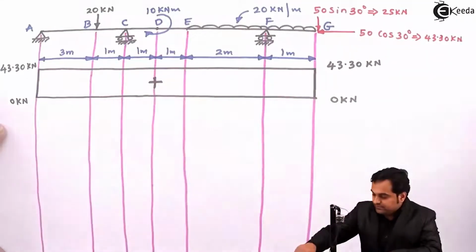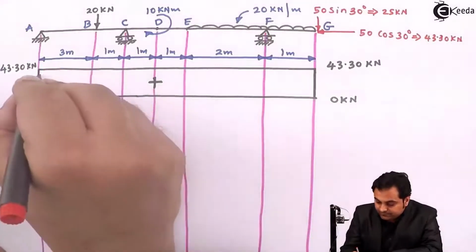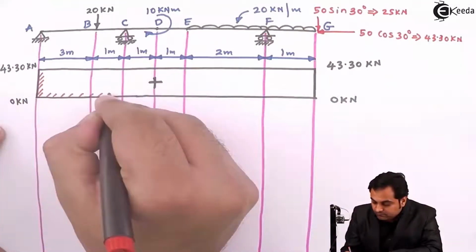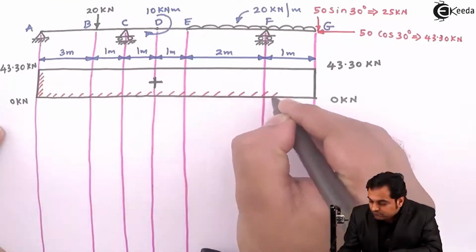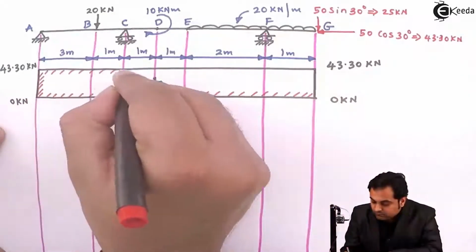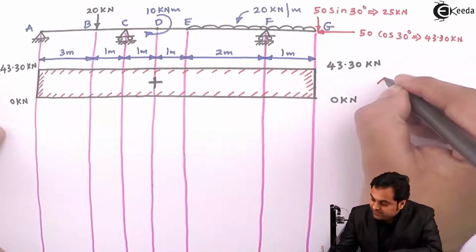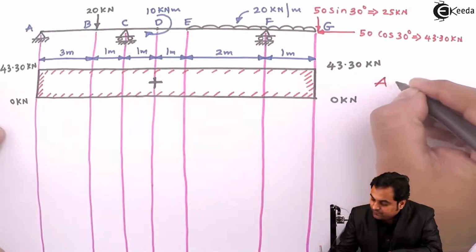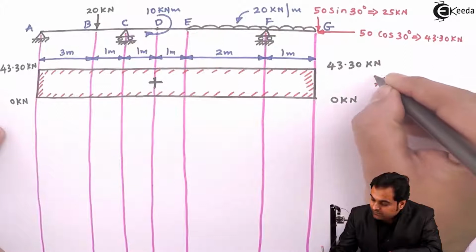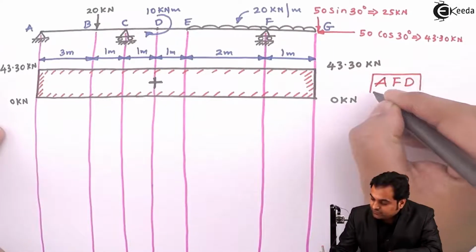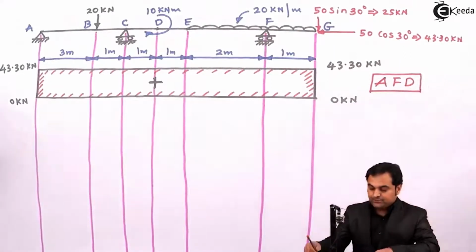So this diagram is entirely positive. And this is AFD, the axial force diagram, which was asked in this question.